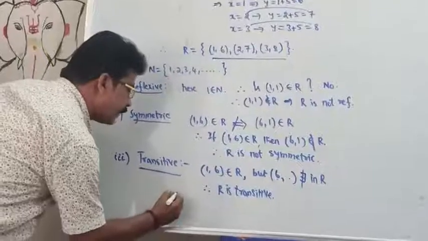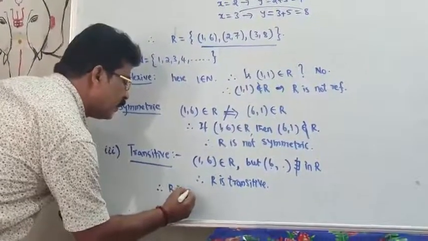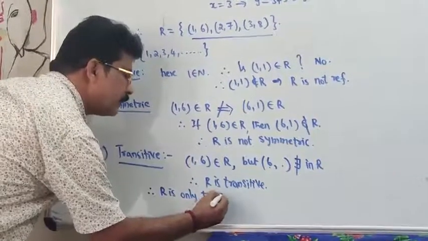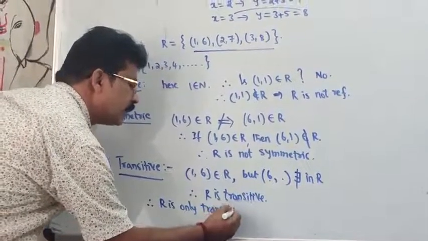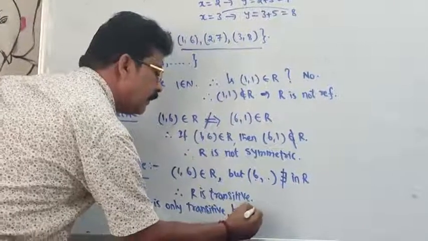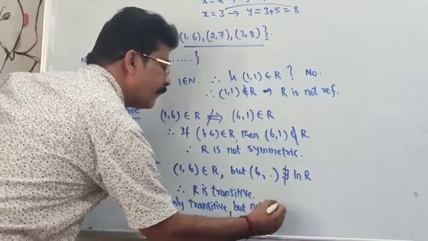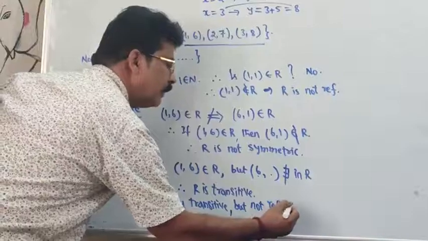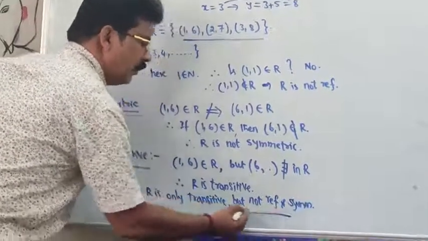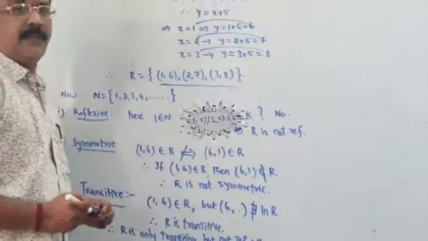Therefore, capital R is only transitive, but not reflexive and not symmetric. This is the procedure.